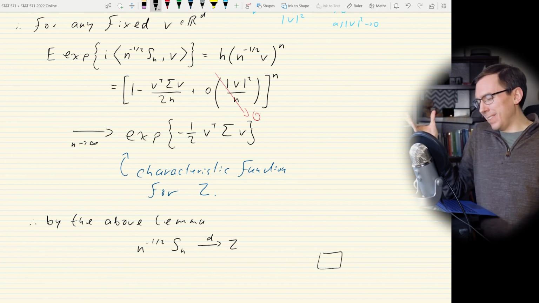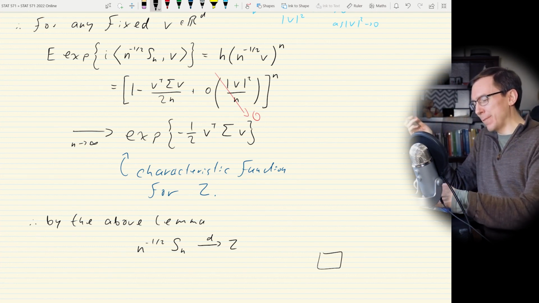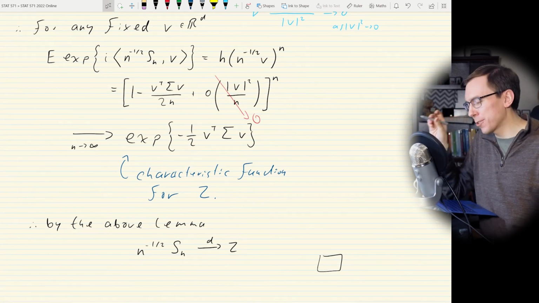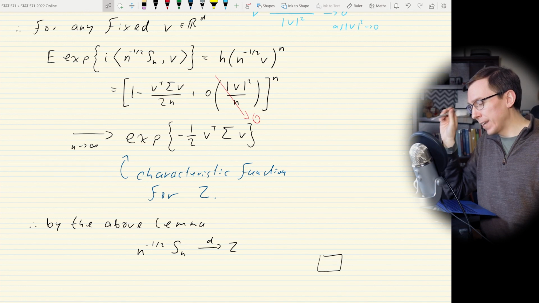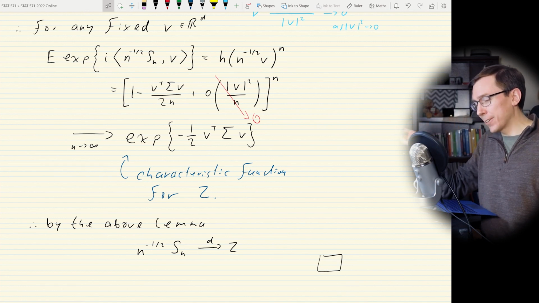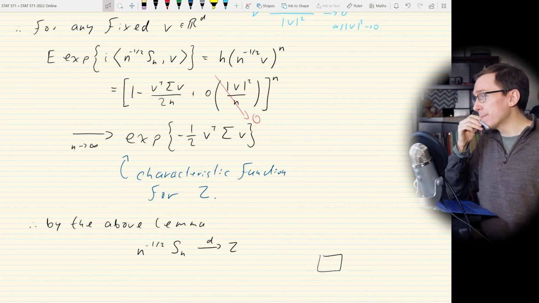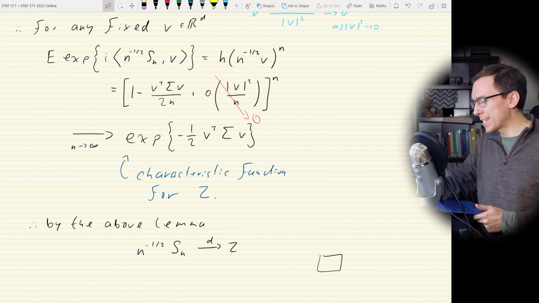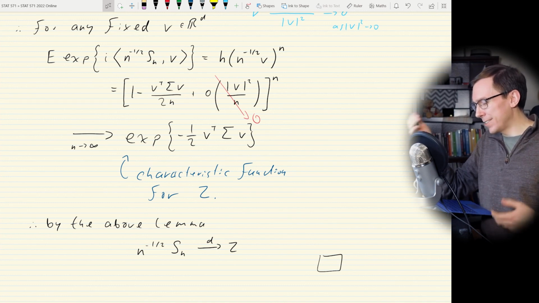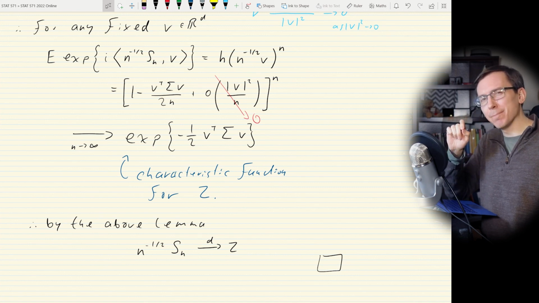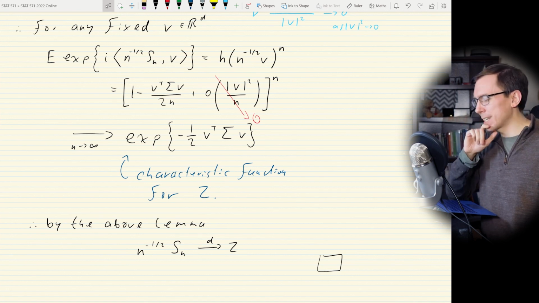Cool. So that's the whole central limit theorem. Like I said at the beginning, there are different ways that you can go about trying to prove this result. The one based on characteristic functions is perhaps one of the most common ones you'll see. Maybe in a future lecture when I have more time, we can try and show different ways of proving the central limit theorem, because they all offer different bits of intuition that are really interesting to consider.